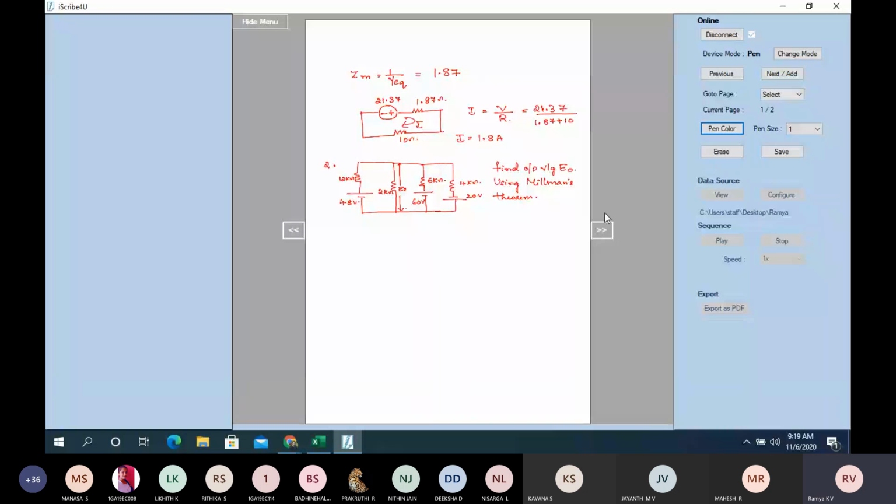This is the given problem. How many branches are there in the given example? Three.